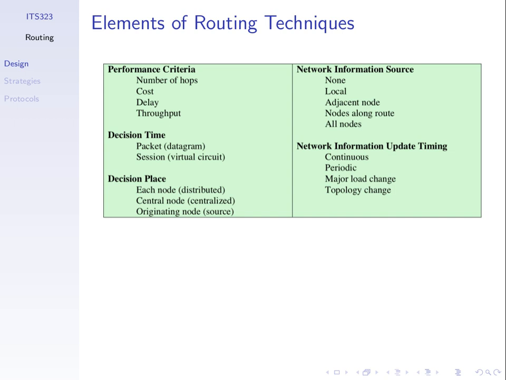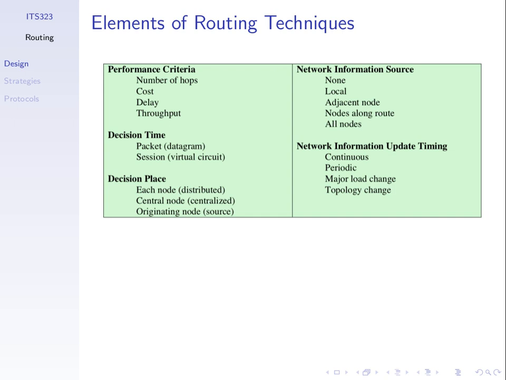The more information you collect and the more frequently you collect it, the more accurate a picture of the network the node has, and therefore the more chance of choosing optimal paths. That's good. More information, more updates, optimal paths are chosen. But the more information collected and the more frequent you update, the larger the overhead in collecting that information.